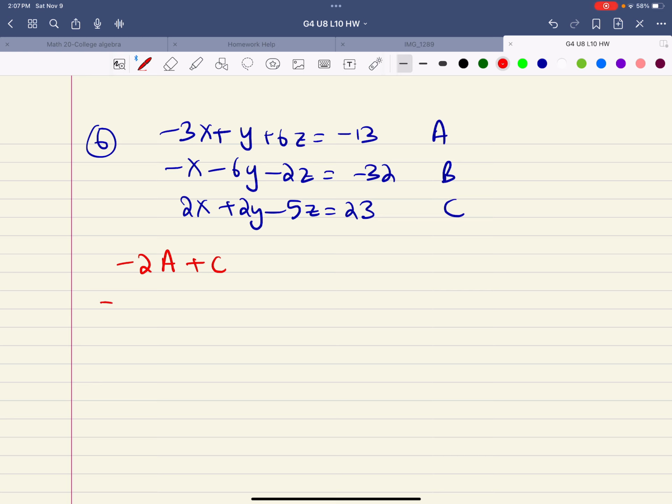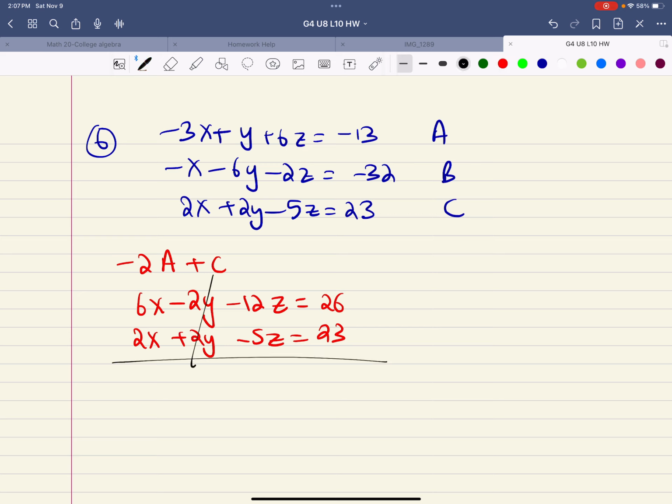Okay, so it becomes negative 3 times negative 2 is positive 6x minus 2y minus 12z equals, I'm multiplying with the negative 2, that would be positive 26. And 2x plus 2y minus 5z equals 23. Now, when we add them up, 8x minus 17z equals 26 plus 23. It's going to be 49.